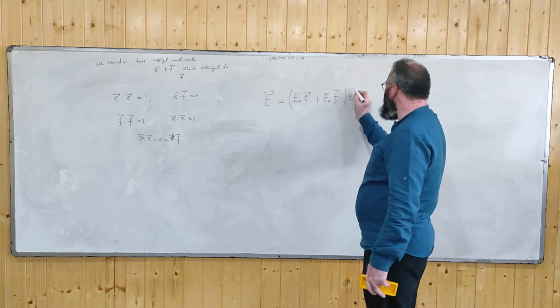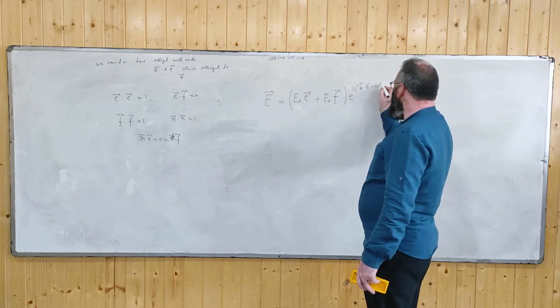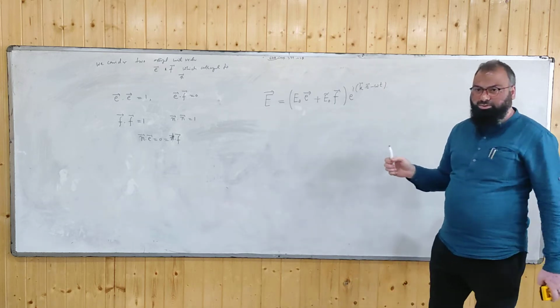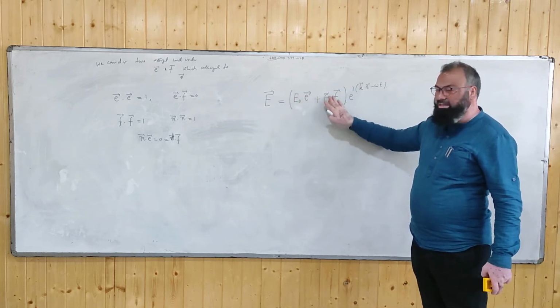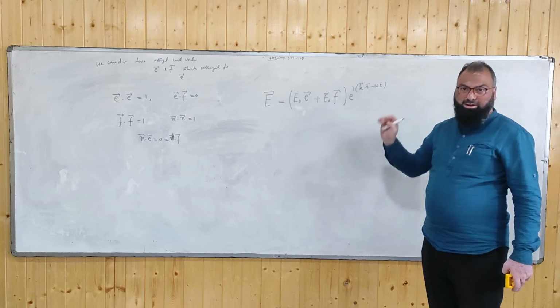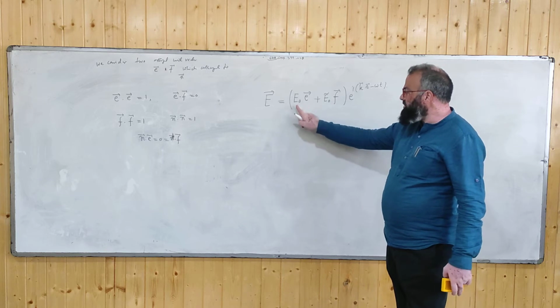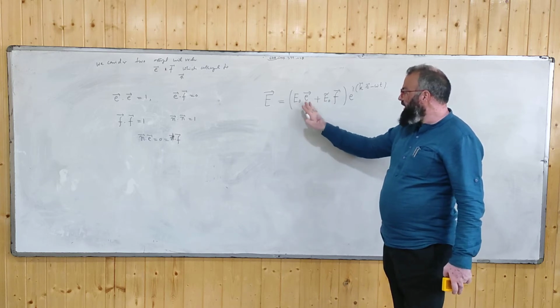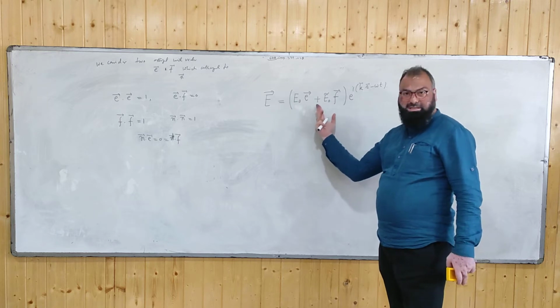So is this the superposition of two plane waves? This is a wave along the E direction, and this is along the F direction. Clear? So everything will depend upon how you choose the phases between the two waves, is it?